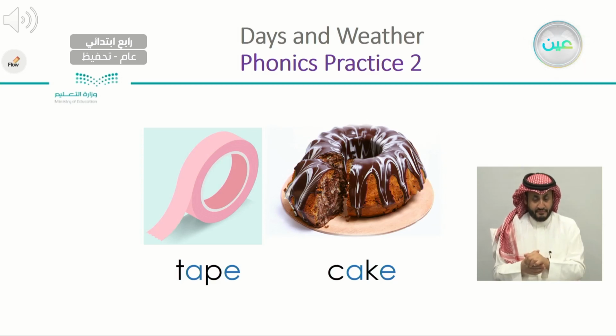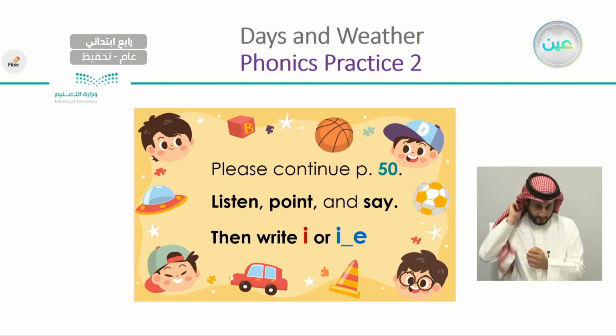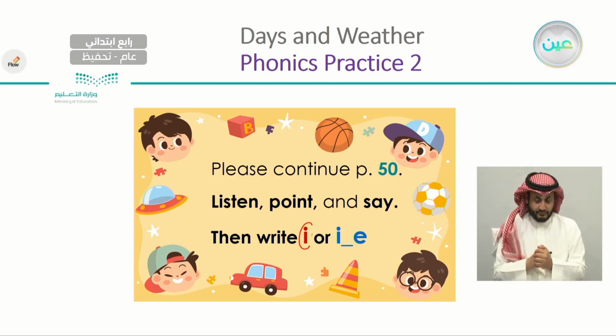A, tape. A, cake. Okay, well done. Now let's continue on page 50. We will listen, point, and say, then write short I or the long I with the silent E.